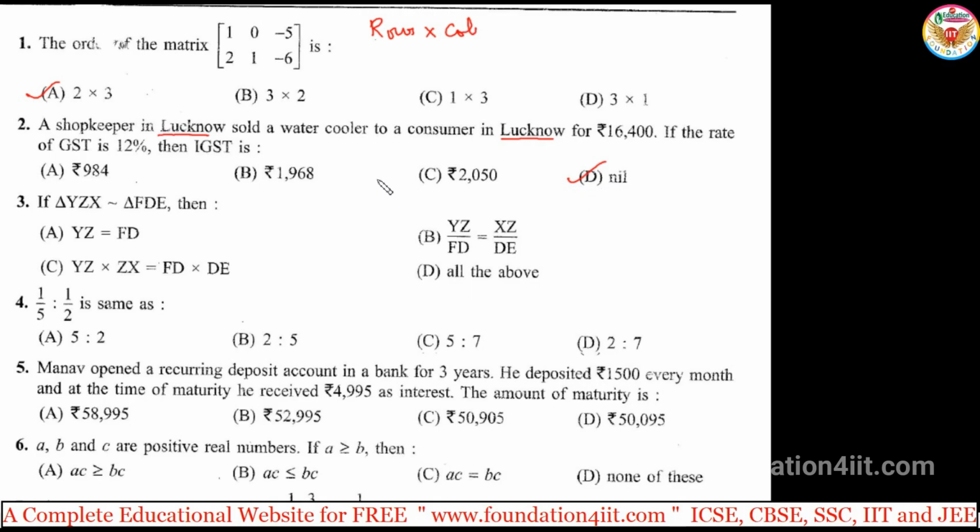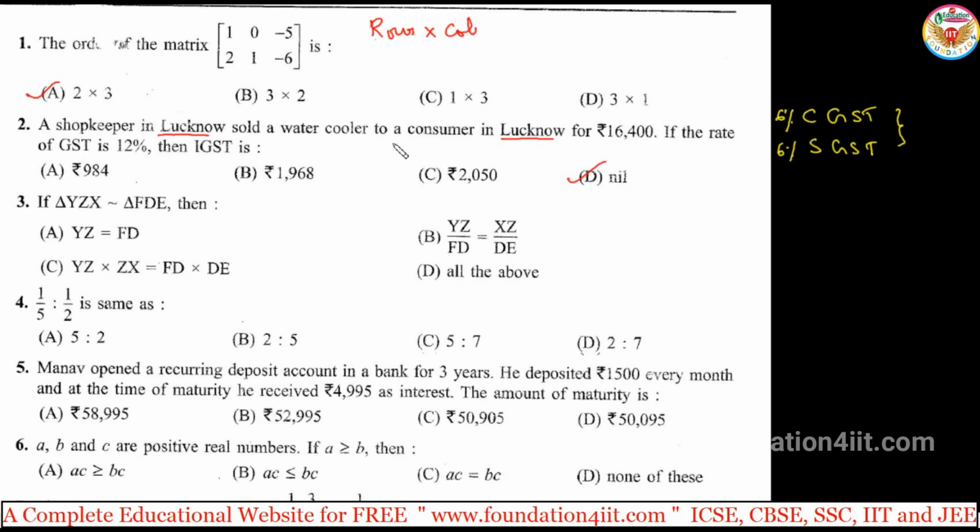Within the same state, we have only central tax and state tax, CGST and SGST. There is no integrated GST. So central GST and state GST only we need to calculate, that is, half of the GST. 12%, so 6% and 6%. If it is within the same state, IGST is nil.